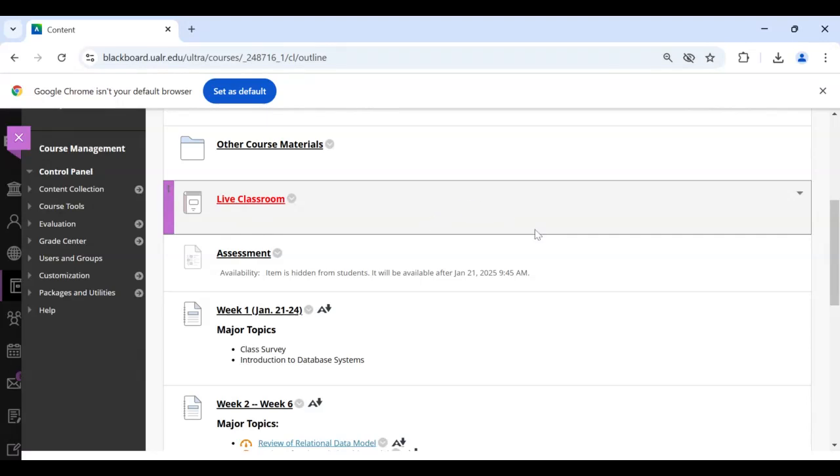In this class, we have two different sections, the section H01 and the section 9U1. Section H01 is considered a hybrid class. If you are from that section, then you're required to participate in the physical classroom.